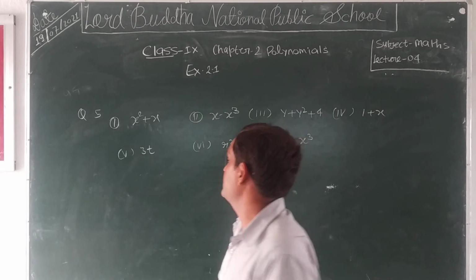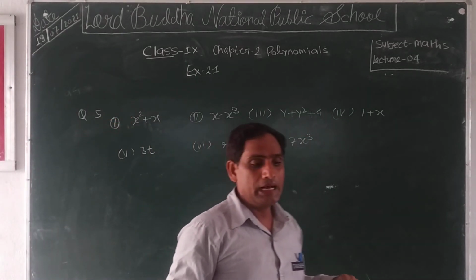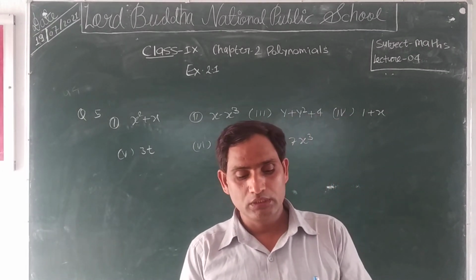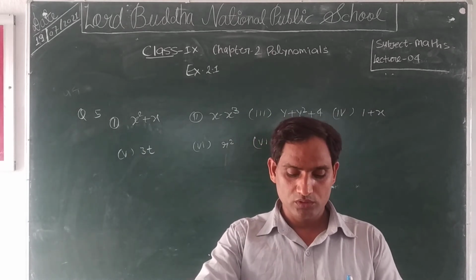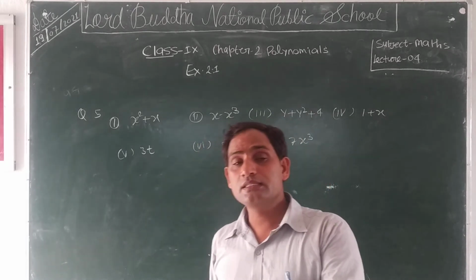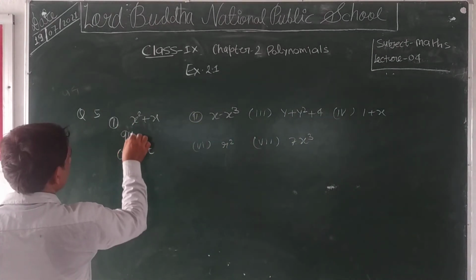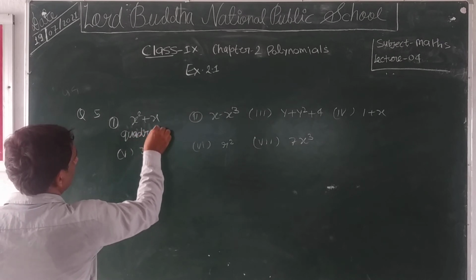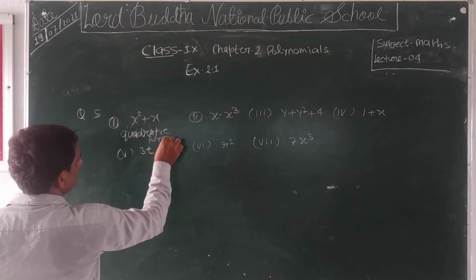So we see that in the first case the highest power of variable is 2, hence this is a quadratic polynomial.